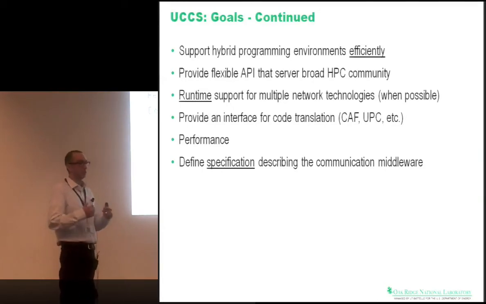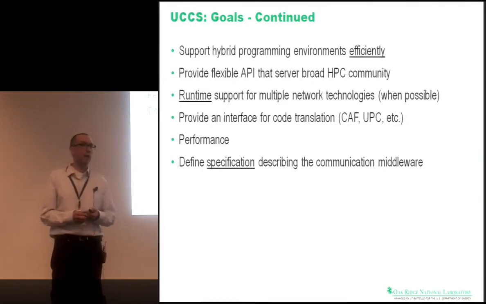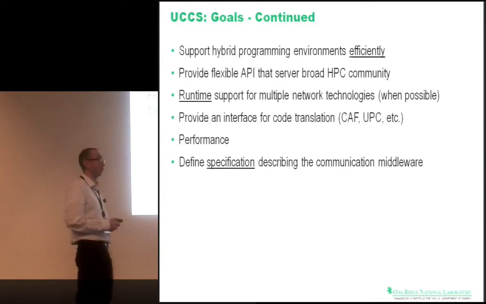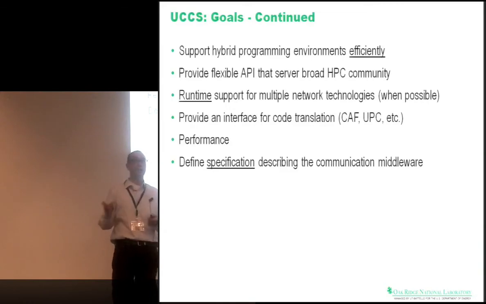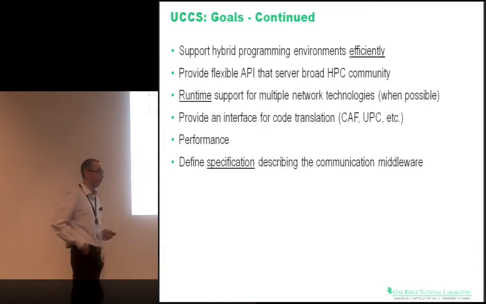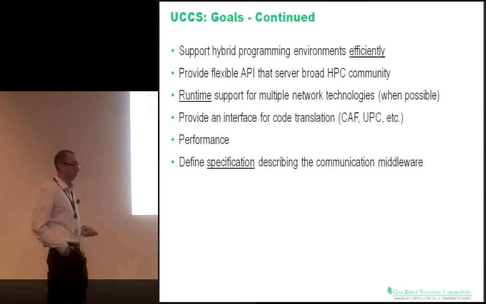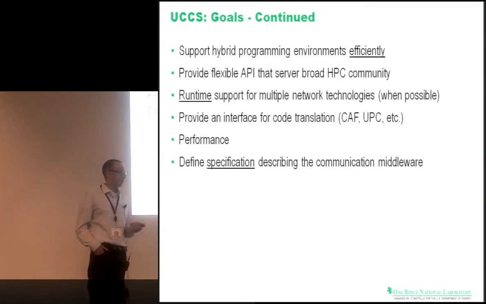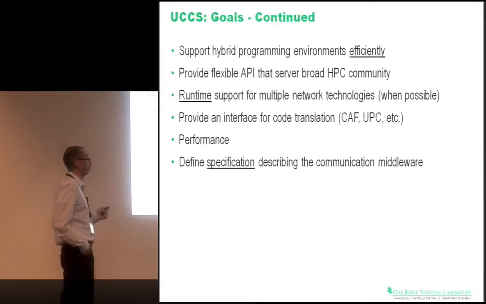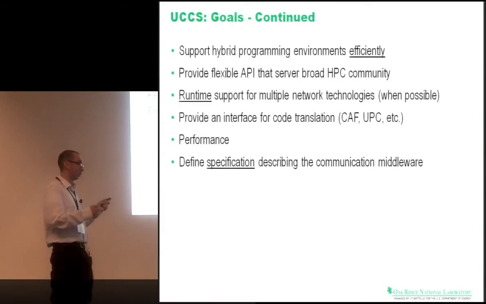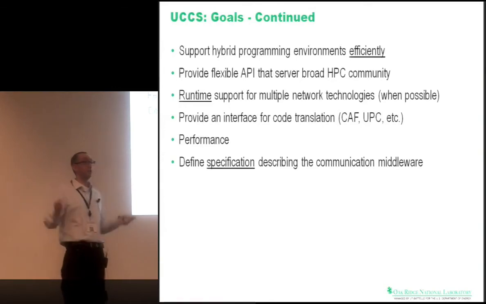With this layer, we want to enable efficient support for a hybrid programming environment, with efficient memory allocation, essentially sharing of resources between different programming models like OpenSHMEM, MPI, or whatever. Again, provide a flexible API, broad HPC community support, and runtime support for multiple network technologies. Essentially, at runtime, we want to have a switch to say, okay, I want to run on InfiniBand, or I want to run on Gemini, or I want to run on both.